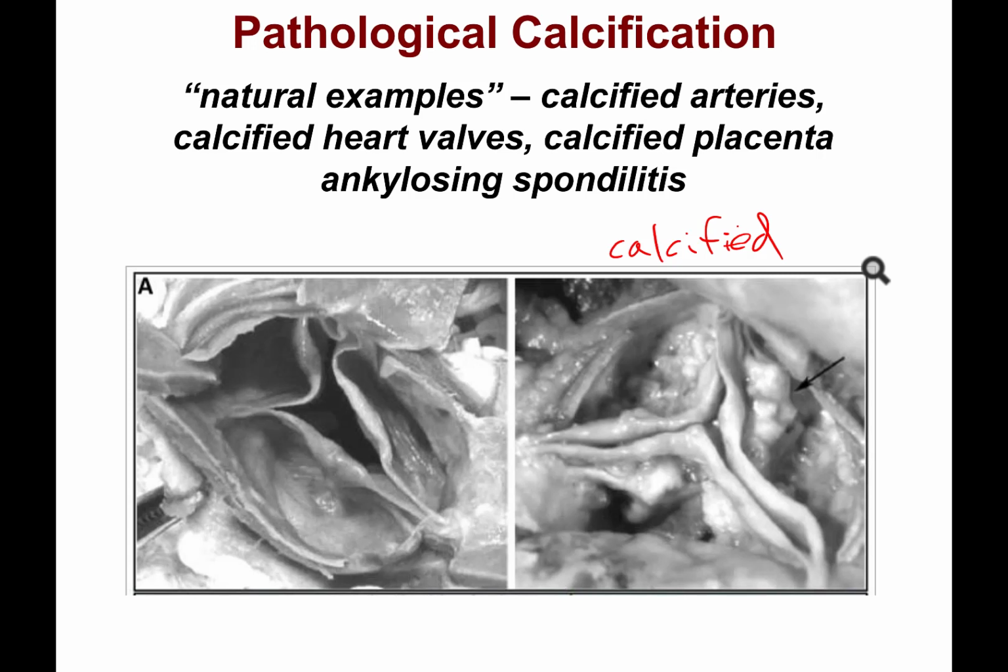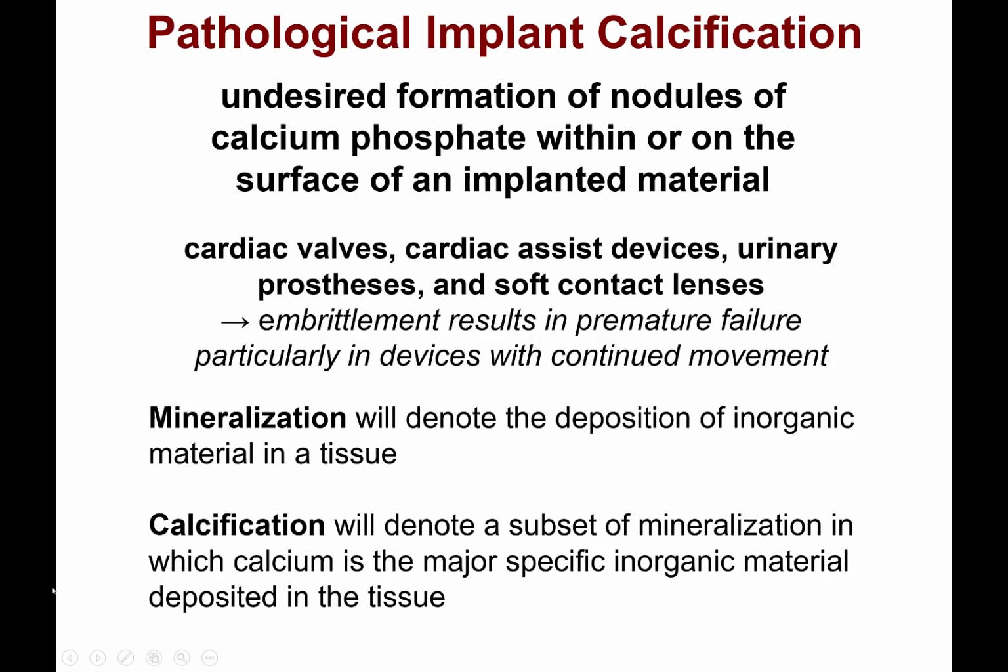That's an inflammatory disease where the vertebrae of your spine can actually fuse together because of this pathological calcification. So based on those examples, we can glean that pathological calcification is simply the undesired formation of nodules of calcium phosphate within a tissue.